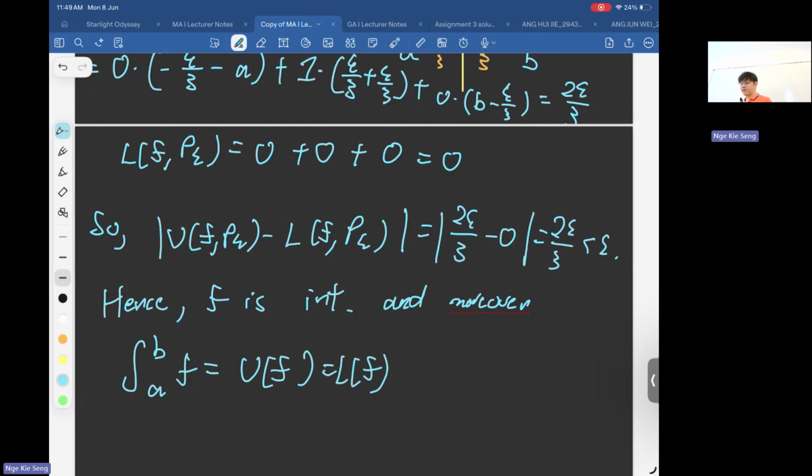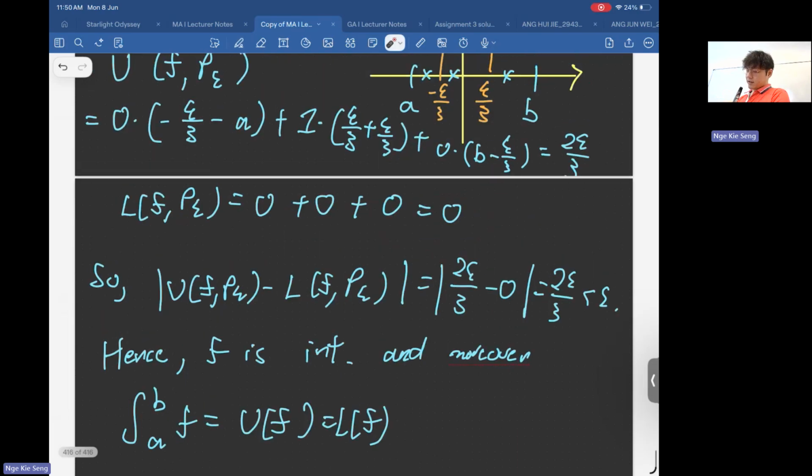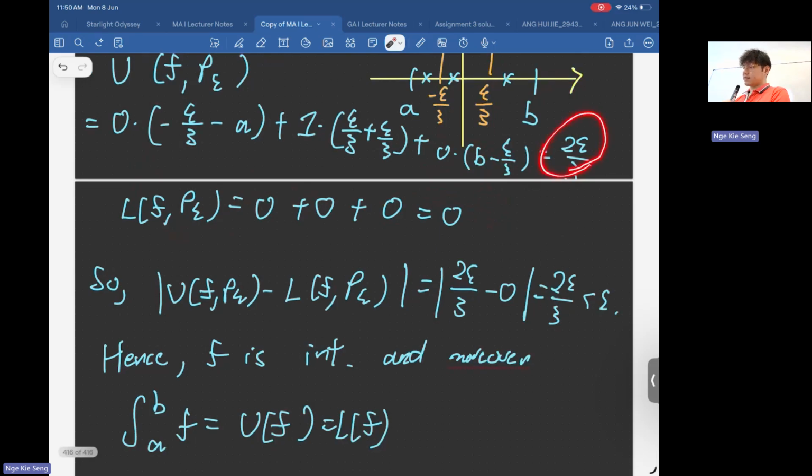LF is the supremum of the set containing 0, which is 0. UF is the inf of the set of numbers 2 epsilon over 3. What's the inf of this? It should be 0. So in both cases you get 0.